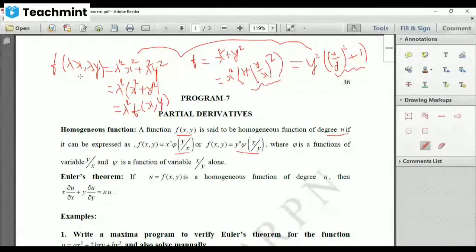Or otherwise you replace x by lambda x, y by lambda y, and if the complete lambda comes out and again you get the given function, then also it is homogeneous, and the maximum power of lambda will be the degree of that homogeneous function. So you can apply any of these three methods. Here we have discussed for a function which is in x and y, right?